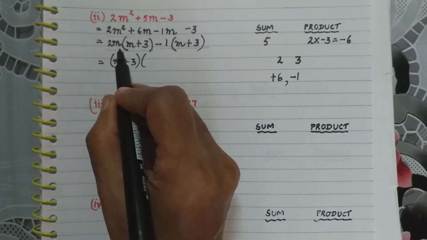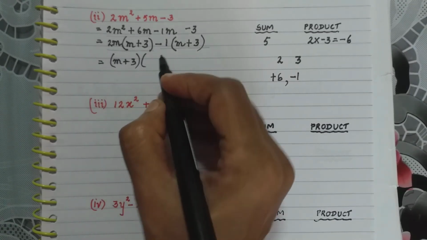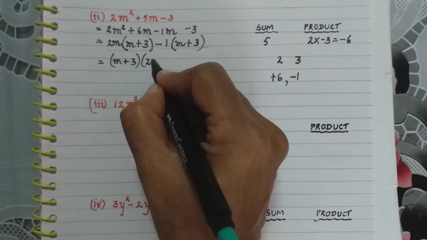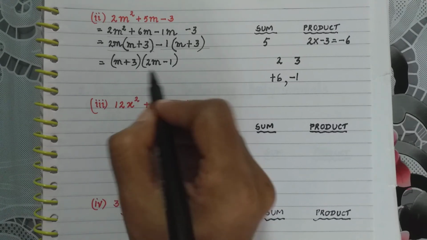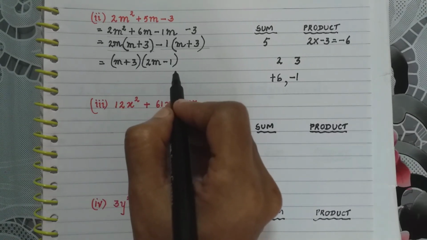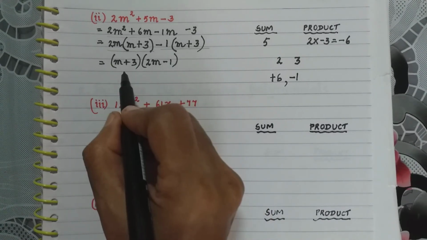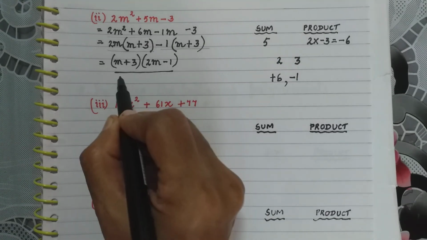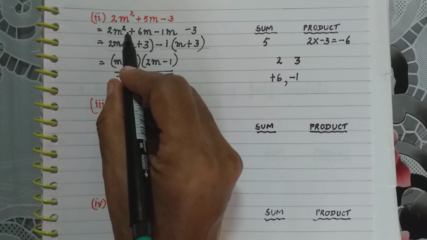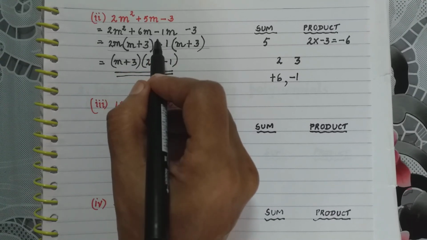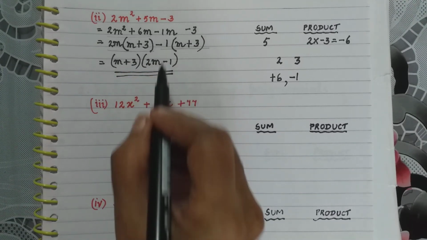What is outside? 2m minus 1. So these two, that is m plus 3 into 2m minus 1, are the factors of this trinomial 2m square plus 5m minus 3.